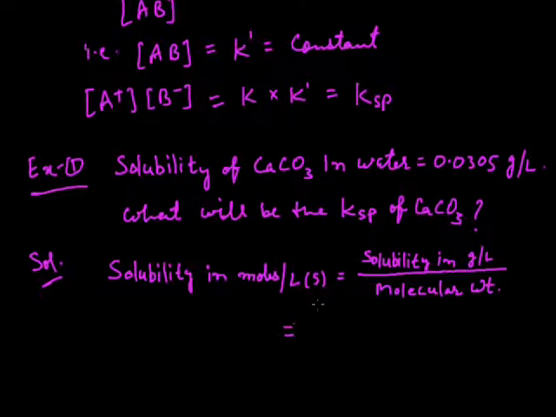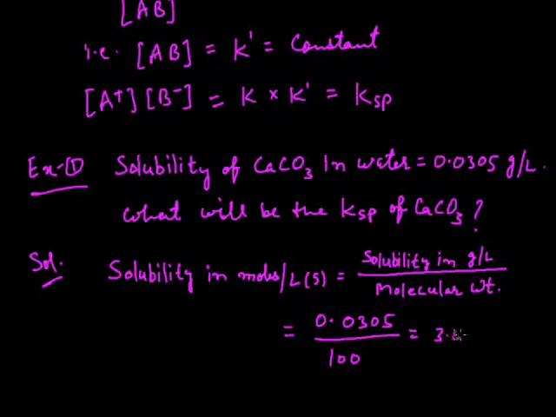Here solubility is 0.0305, which is divided by molecular weight of calcium carbonate, which is 100. So it becomes equal to 3.05 multiplied by 10 raised to power minus 4 moles per liter.